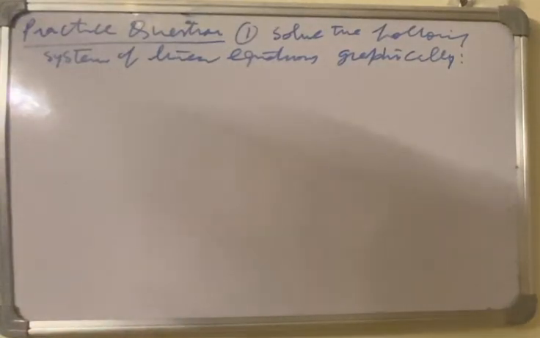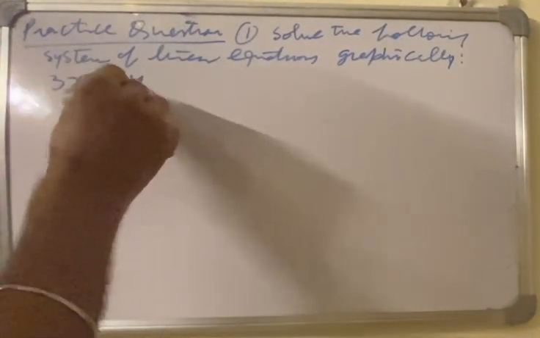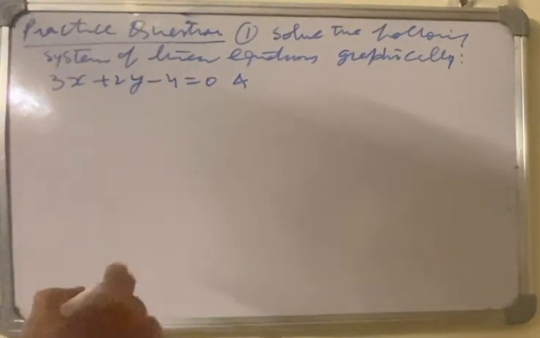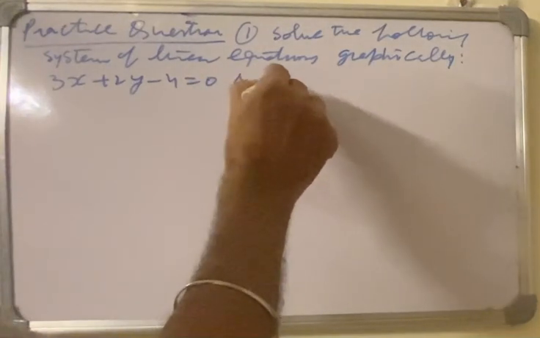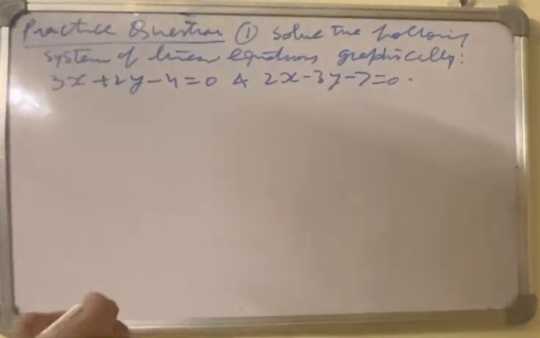So the equations are 3x plus 2y minus 4 is equal to 0 and 2x minus 3y minus 7 is equal to 0.